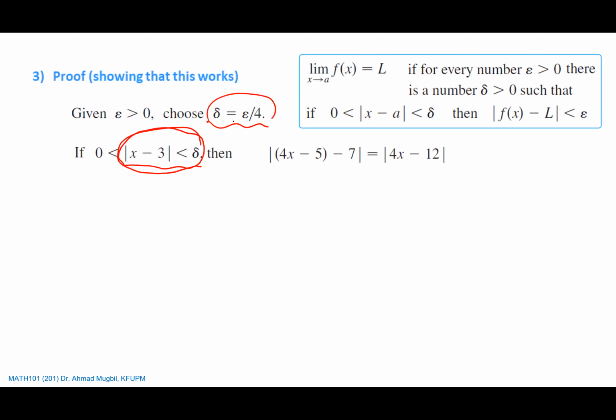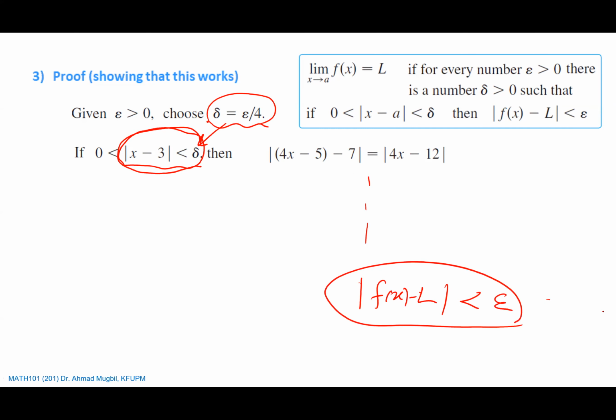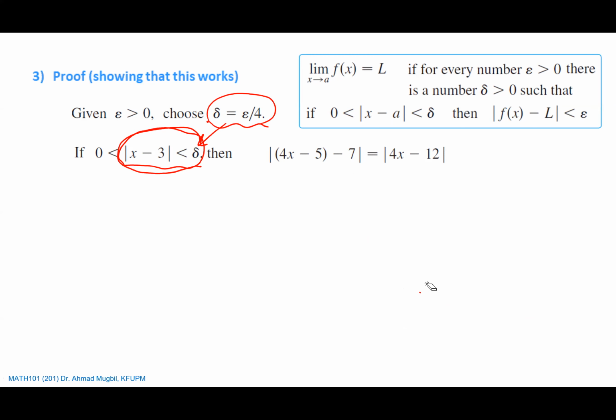Delta is this. Now we will conclude this. We want, at the end, this to be the absolute value of x minus L. We want it to be less than what? Less than epsilon. If we can have this, we are done. This is for x minus 5 minus 7, for x minus 12, we will do the same steps.